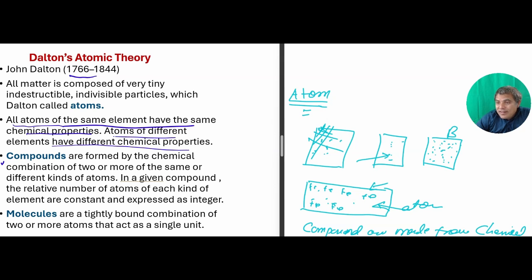At least two are needed to combine, right? They could be the same or they could be different.